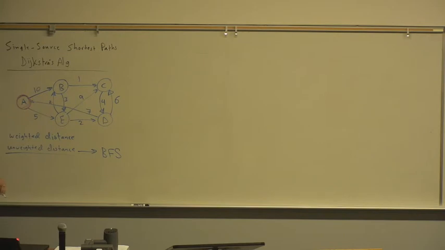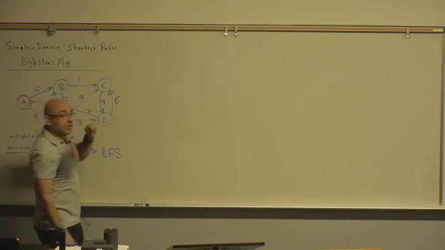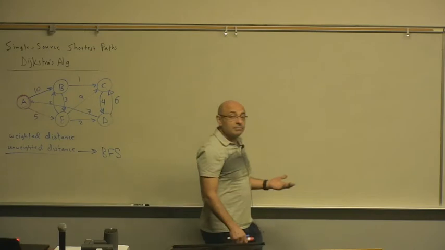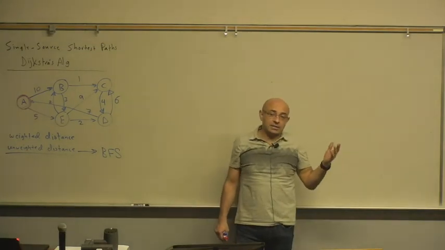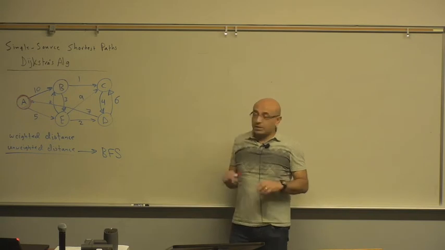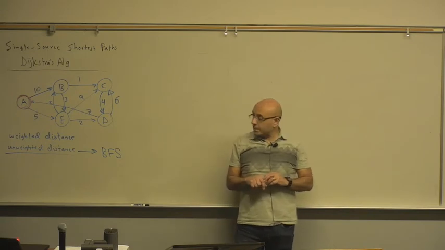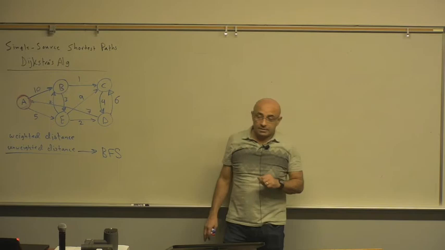It will give us the unweighted distance. The unweighted distance will be interesting if all edge weights are the same. They are all the same, whether they are 1 or anything else. As long as they all have the same weight, you can do BFS.